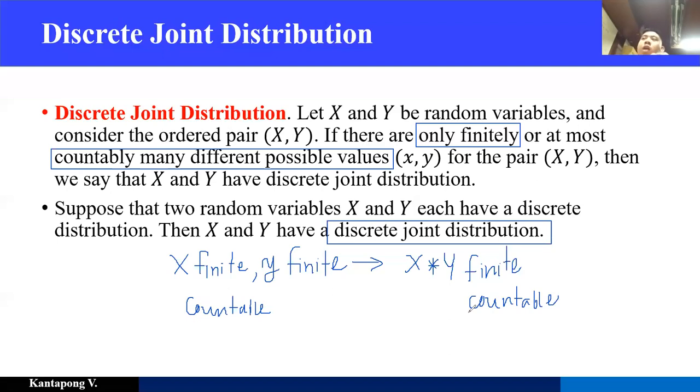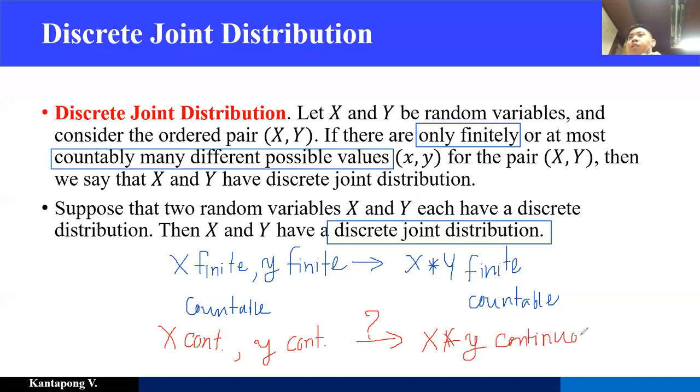So I would like you to think about one question. Is this true for the continuous case? If X is continuous and Y is continuous, does that mean that X Cartesian Y is continuous?